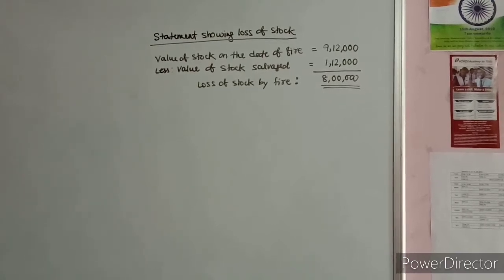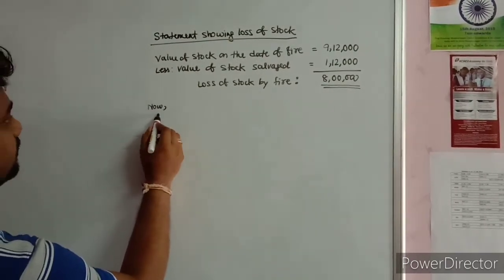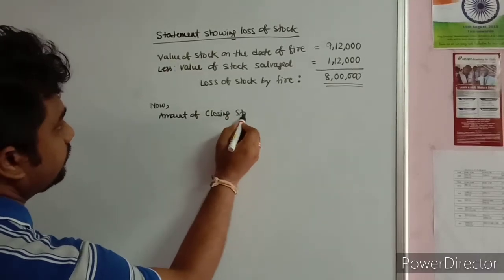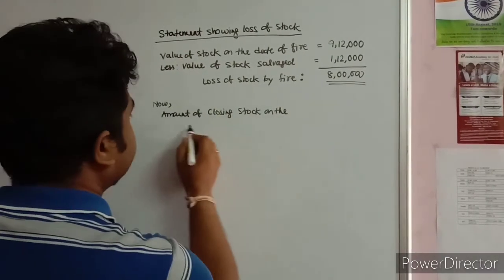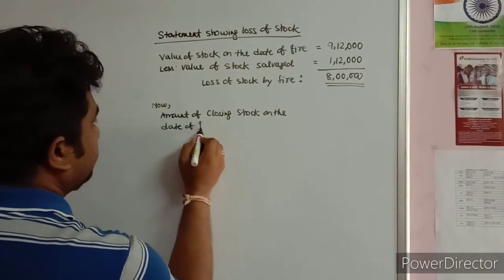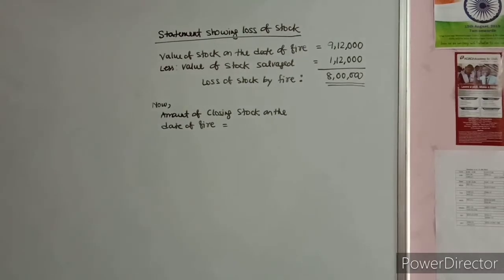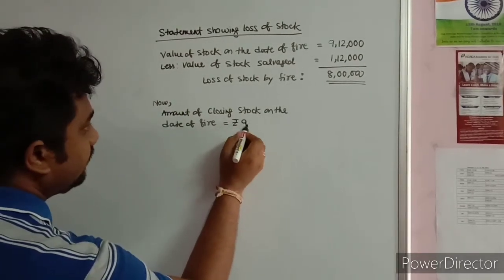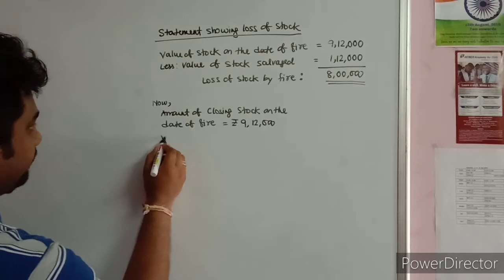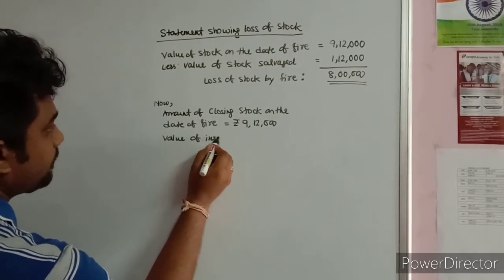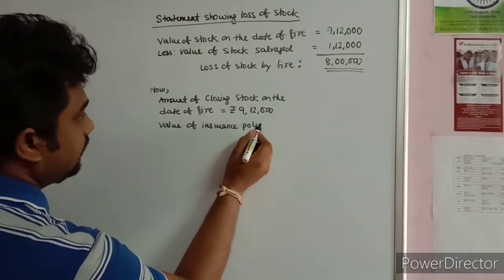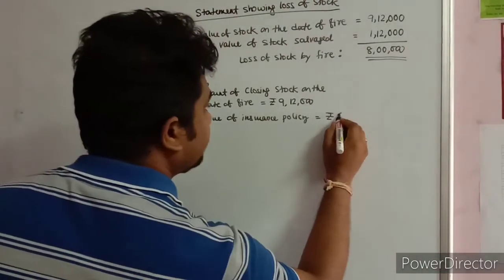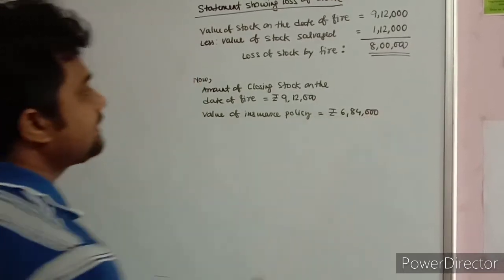The amount of closing stock on the date of fire was 9,12,000, and the value of insurance policy was rupees 6,84,000. So the policy was taken for 6,84,000.